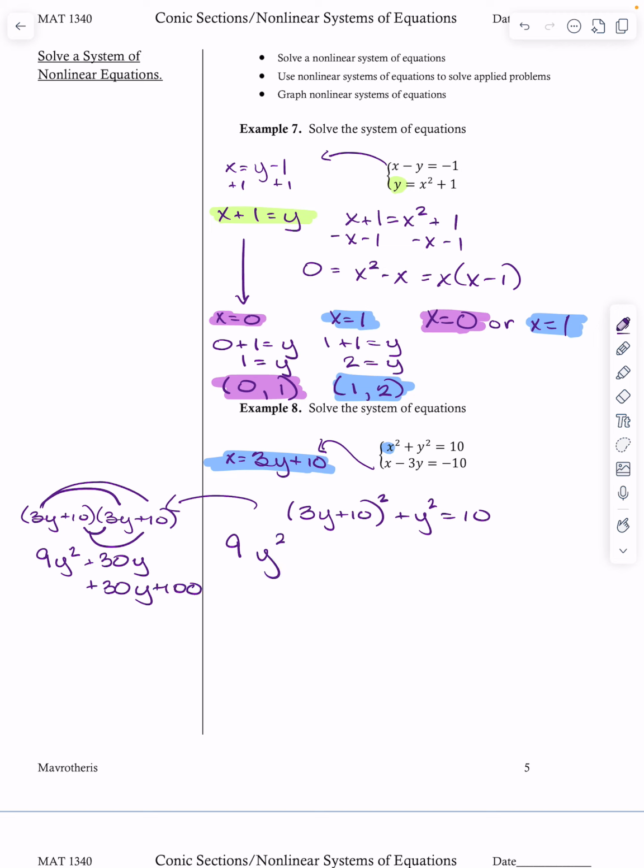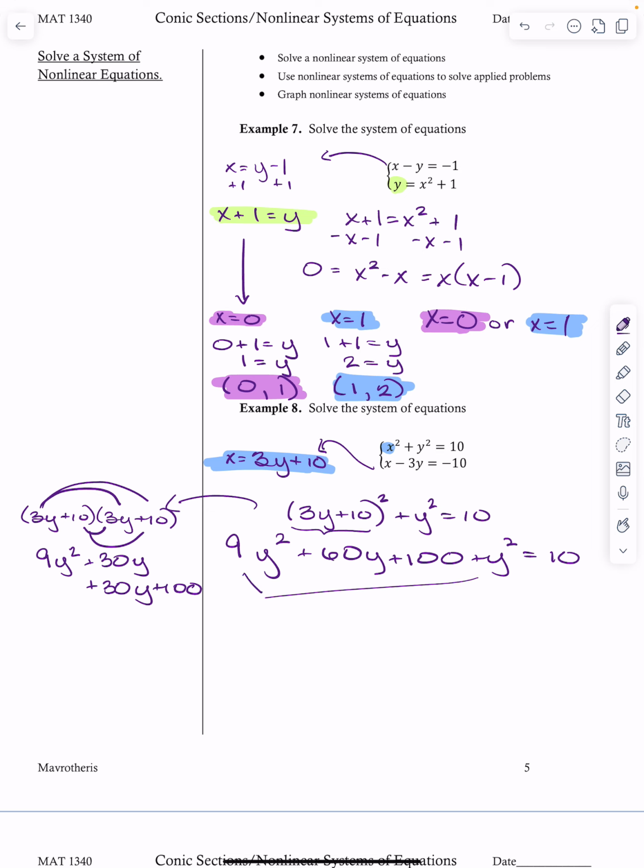So I get 9y squared plus 60y plus 100. Keep in mind that's just this part. So I got plus y squared here equals 10. I need to combine like terms and get everything on the same side.